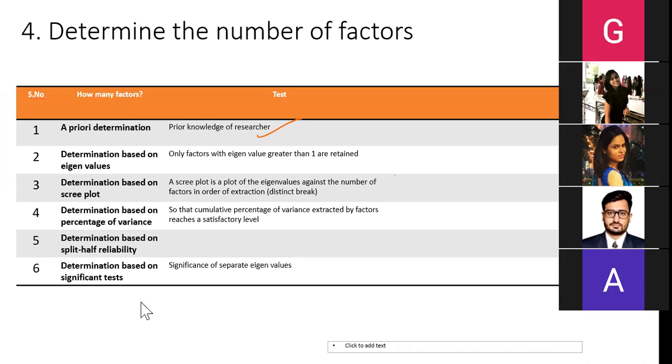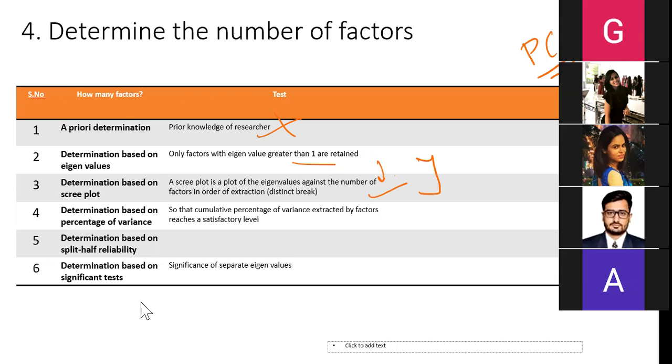In this case, we are not doing a priori, we are using principal component analysis. But if you have a priori, you already know how many factors will come. Okay, so we are not using this here. Determination based on eigenvalues. So if your eigenvalue is greater than 1, only those factors are retained. Determination based on a scree plot. This is a scree plot of these eigenvalues only. And wherever you see that bend, okay, we'll discuss this.